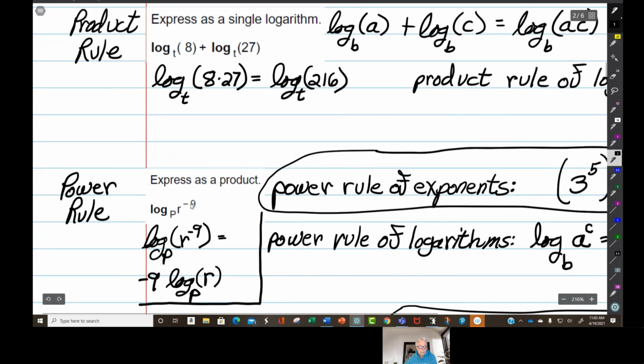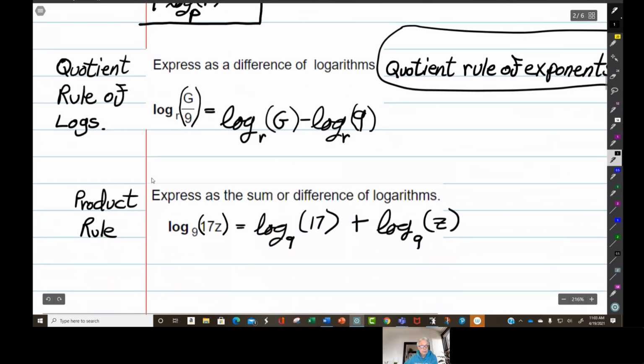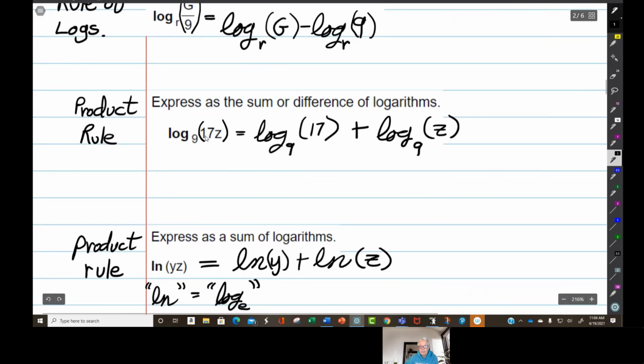Here's the power rule. You bring the power down in front. Quotient rule: when you have division going on in your argument, you take the log of the top minus the log of the bottom. Whereas if you have two things multiplied in the argument, you take the log of the first factor plus the log of the second factor.